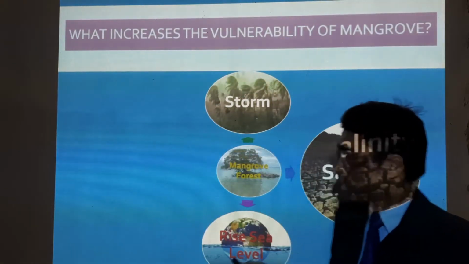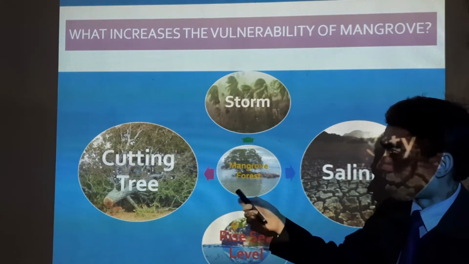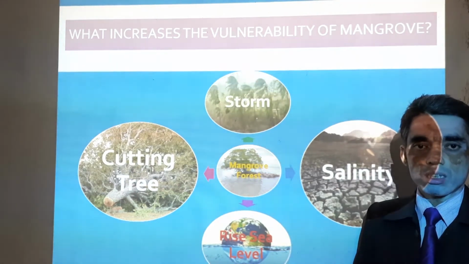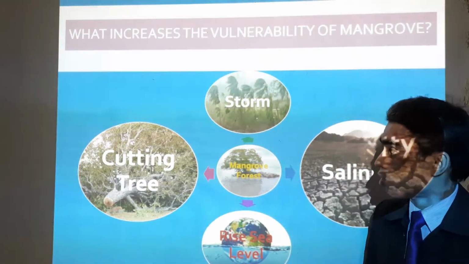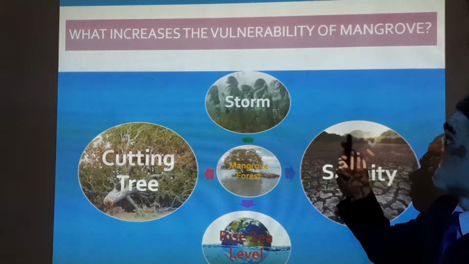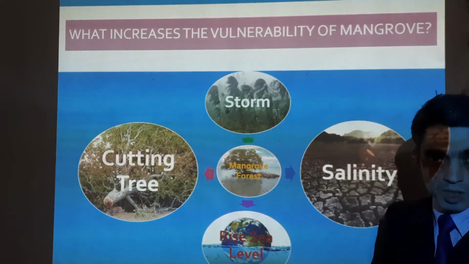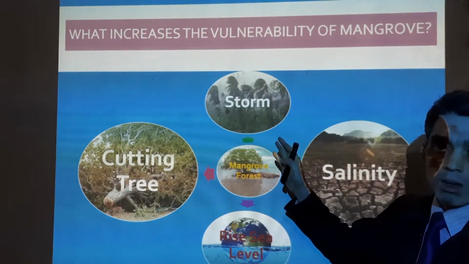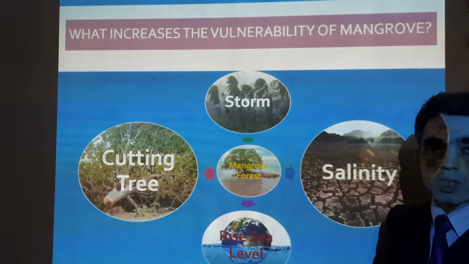And another one, you will see cutting trees. That means we are cutting down the trees indiscriminately. So this is also another reason for the damaging of mangrove forest. These reasons altogether are making the mangrove forest vulnerable.